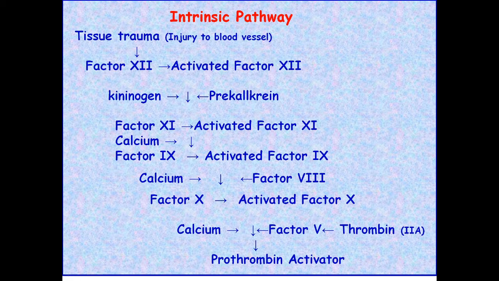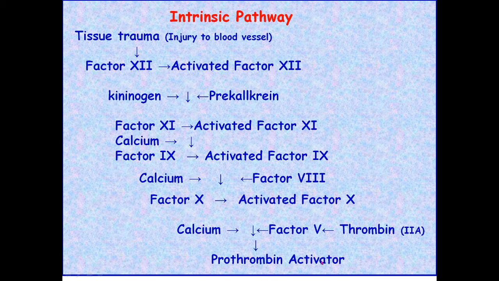And this activated factor 9, in presence of the calcium ion, forms the activated factor 8. And this activated factor 8 acts on the factor 10 and activates it. Now this factor 10, then this factor 5, calcium ion and the phospholipids combine together to form the prothrombin activator.